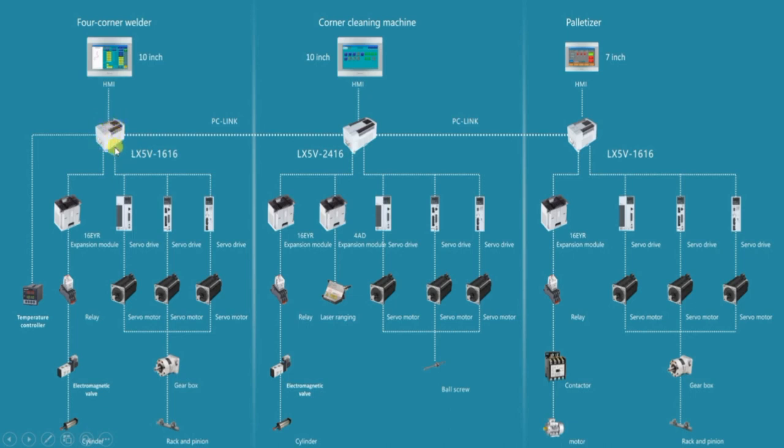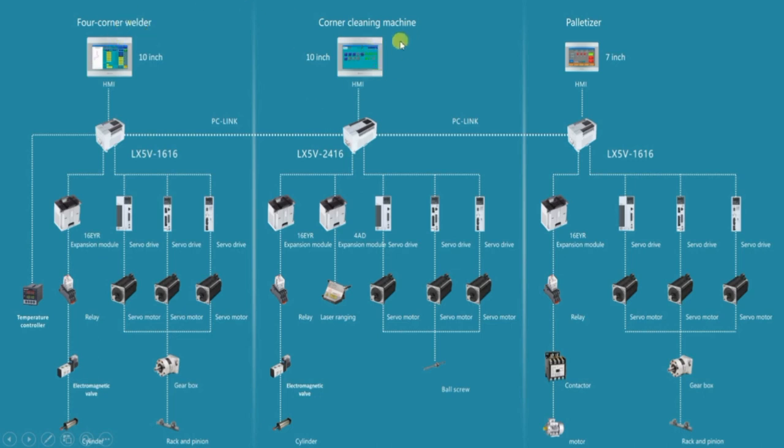After that, this PLC is communicated to different servo drives. The welding machine will adjust itself in different direction based on the size of frames. So for that, we will require servo drives. There is temperature controller. As I have told you, there will be heater to heat these plastic frames. So there is temperature controller and there will be relay for solenoid valves, and these solenoid valves will operate pneumatic cylinders. So this is for clamping the frames as I have shown you. So this is the overview of corner welding machine.